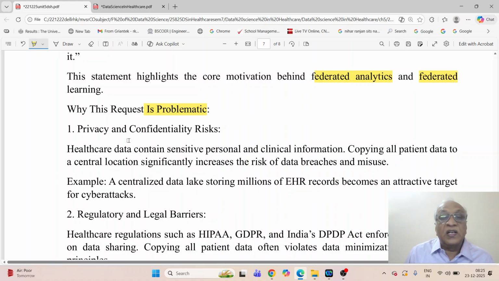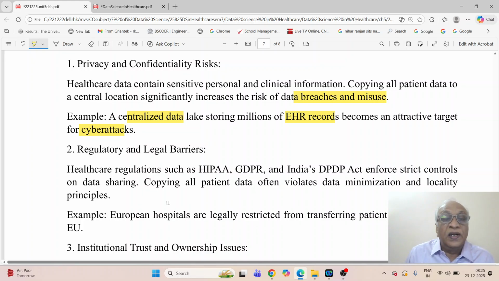Healthcare data is sensitive. Copying this patient data to a central location may increase the risk of data breaches and misuses. For example, millions of electronic health records stored in a centralized data lake may be exposed to cyber attacks, right? Similarly, you have regulatory and legal barriers.